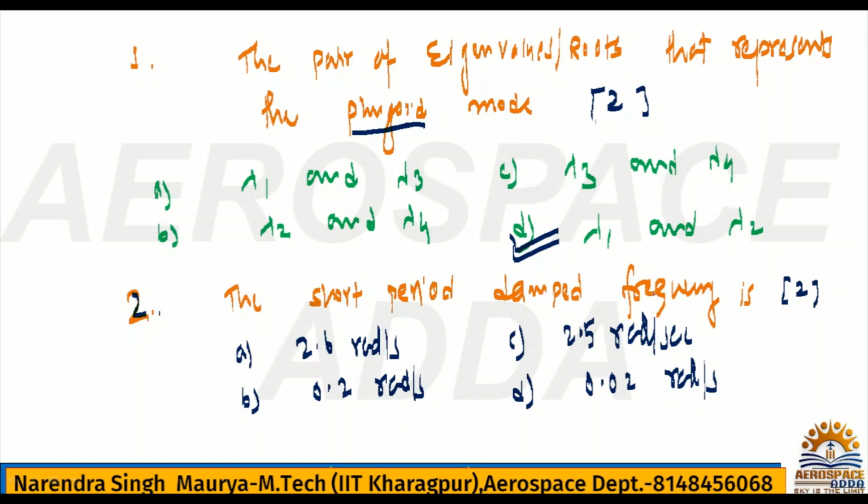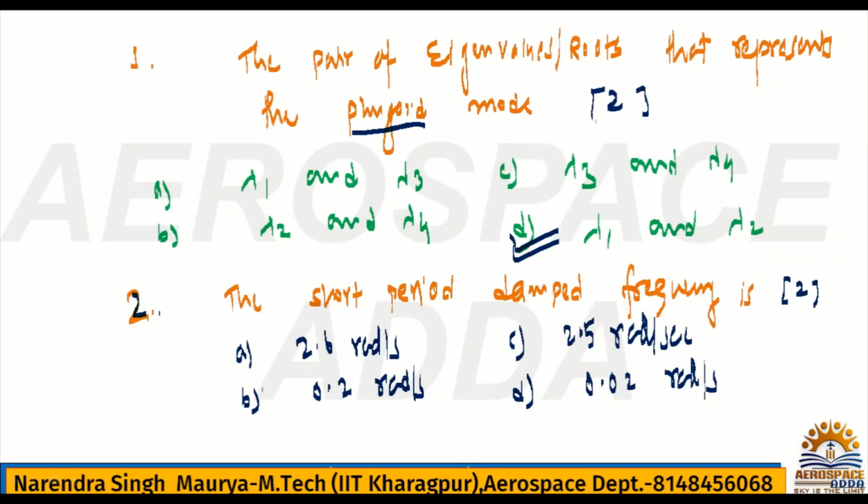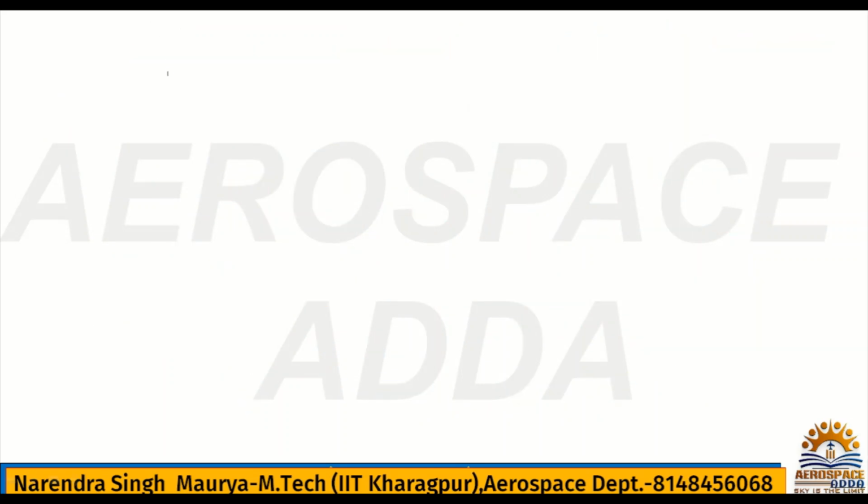So short period damped frequency means first you have to check the roots for the short period oscillation. So what are the roots for the short period oscillation? If you check, the short period oscillation roots are nothing but lambda 3 and lambda 4. So for this lambda 3 and lambda 4, I can write this second one. Lambda 3, lambda 4.